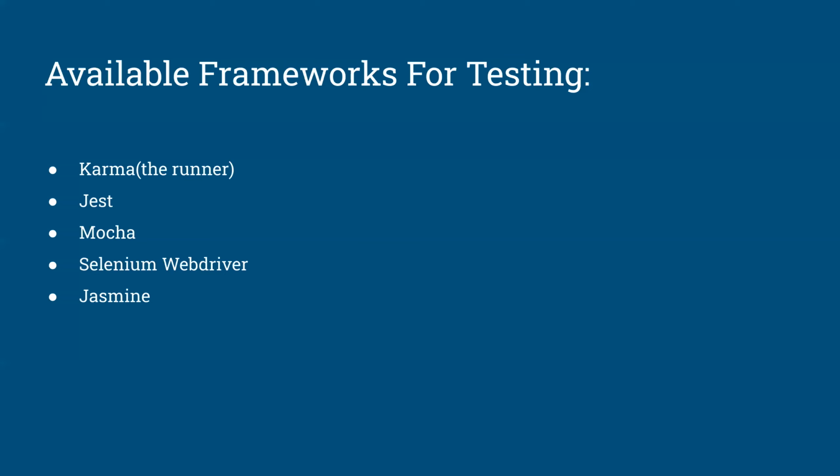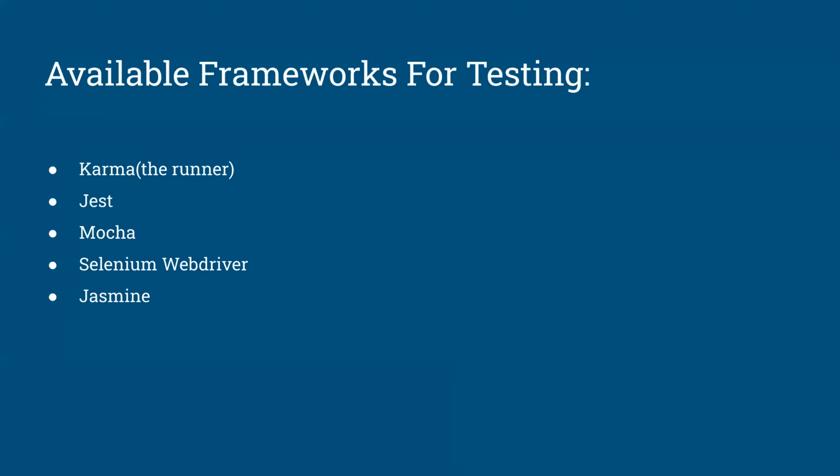Jasmine works synchronously with Karma, being the go-to testing framework within the Angular documentation. Jasmine is relatively dependency-free and does not require a document object model. Jasmine is loaded with a feature called spy that allows spying on a function, and attributes, parameters, and arguments can be tracked effectively. So these are a number of frameworks.